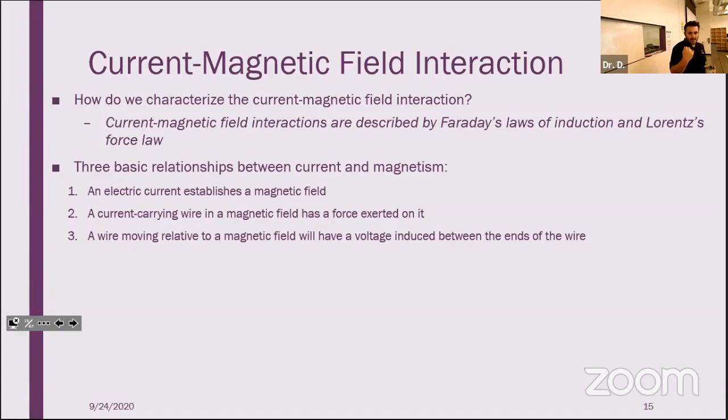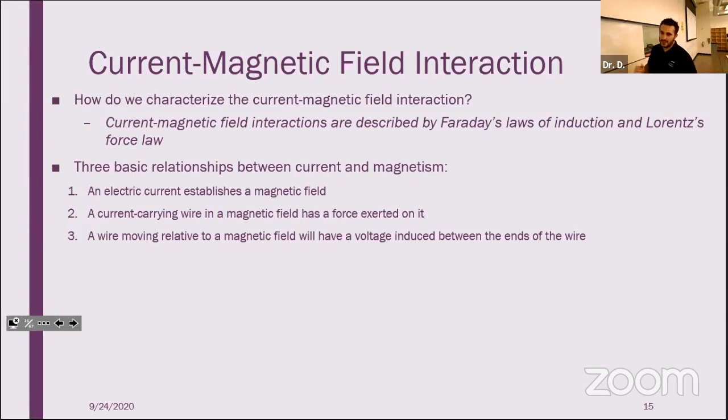The second is that a current-carrying wire that is already in a magnetic field will have a force exerted on it. So if you put a wire with current in a magnetic field, there's going to be some force. Why? Because of the first one: you created a magnetic field, and this magnetic field is interacting with yet another magnetic field. If it has the same polarity, it will repel, and if it's opposite polarity, it will attract.